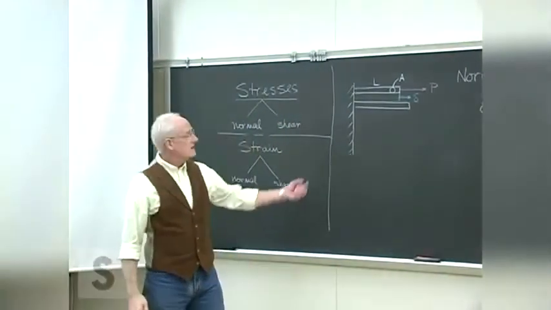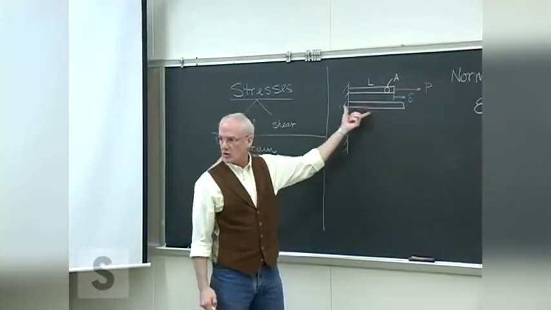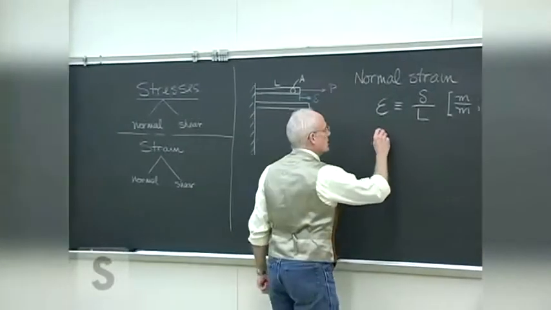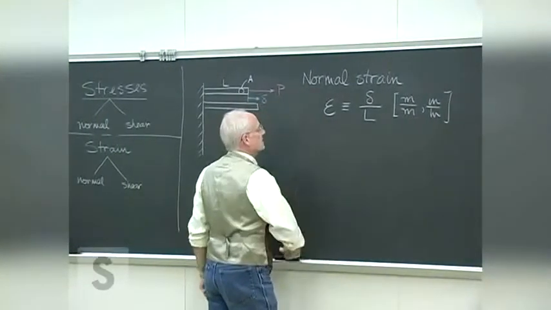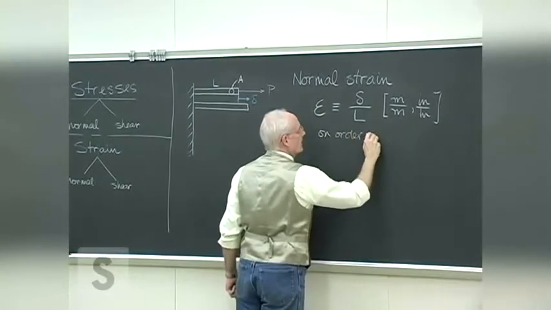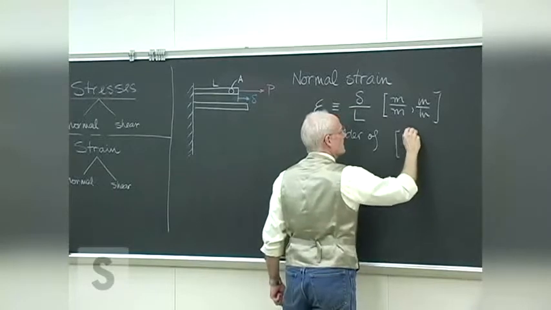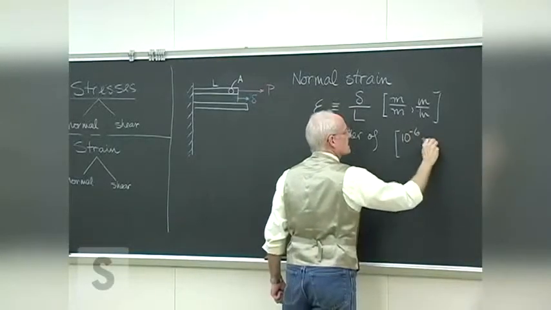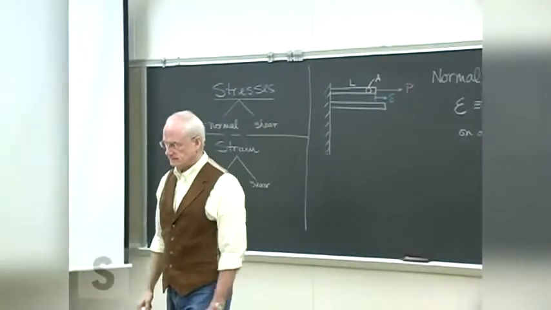However, this deformation is generally very, very small compared to the original length, so it's quite likely that the strain values will be on the order of something like 10 to the minus 6th meters per meter of original length.